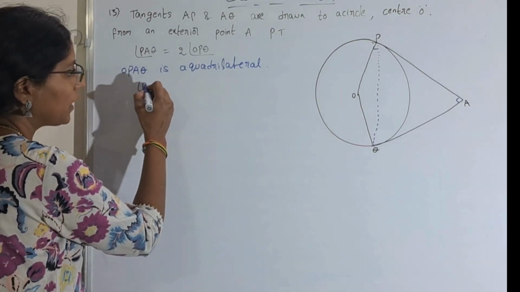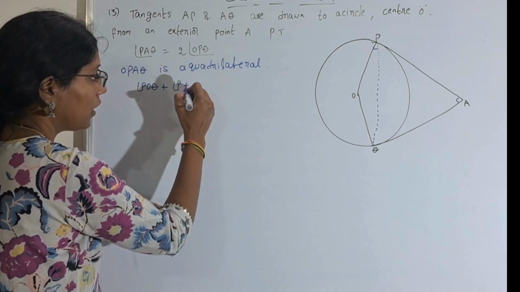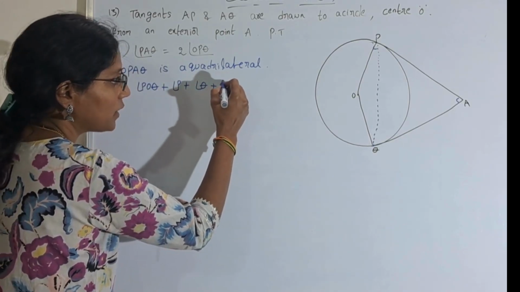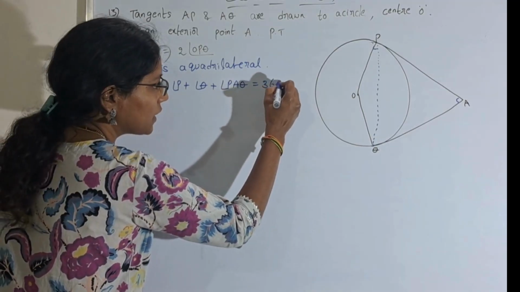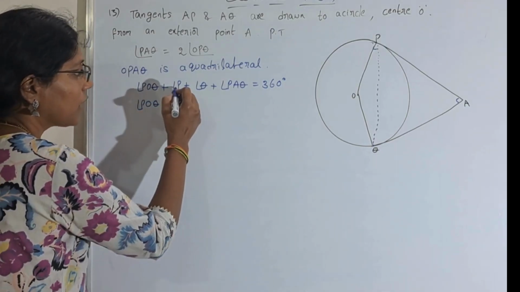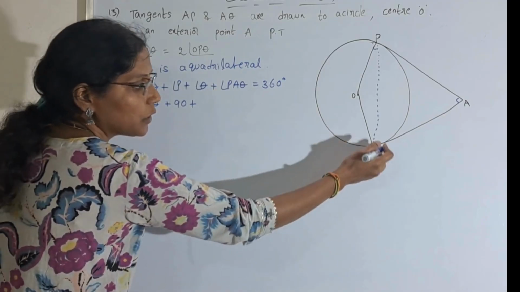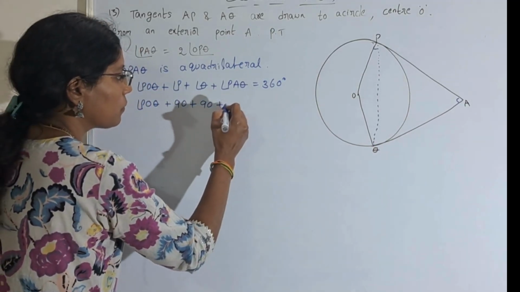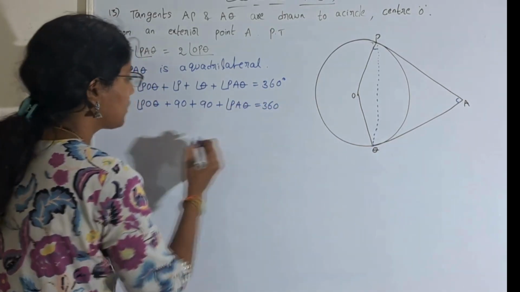Angle POQ plus angle P full plus angle Q plus angle PAQ is equal to 360 degrees. Here angle POQ plus 90 degrees plus 90 degrees plus angle PAQ is equal to 360 degrees.